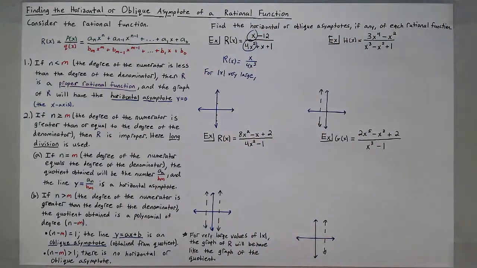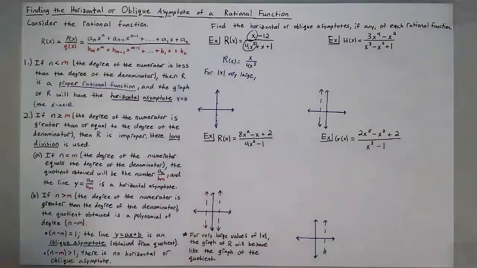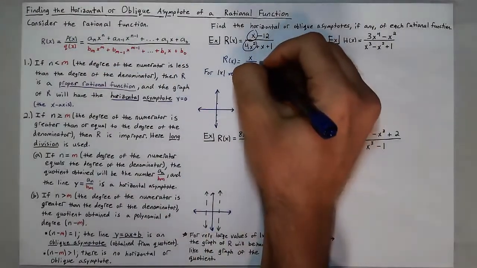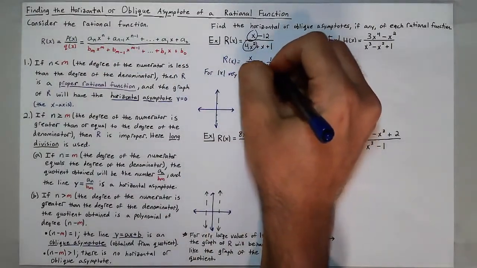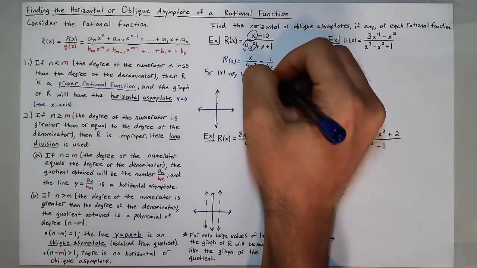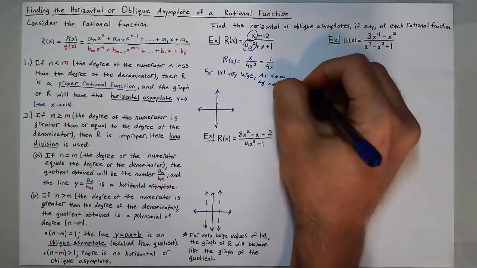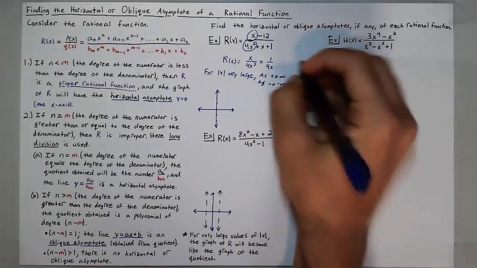Because when x gets big, those are the only terms that will mean anything in the numerator and the denominator. Because we're looking at end behavior with these types of asymptotes. So if we were to simplify that expression to 1 over 4x, we can say that as x approaches positive or negative infinity, y approaches 0.